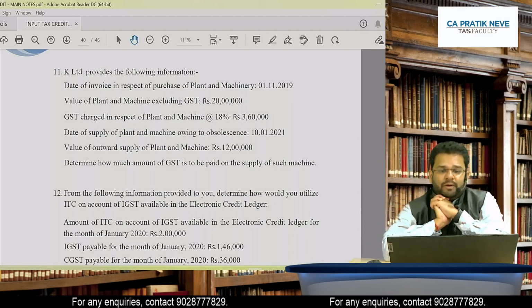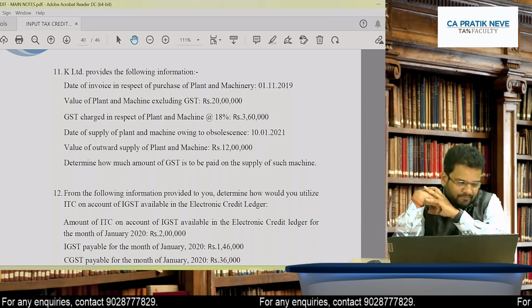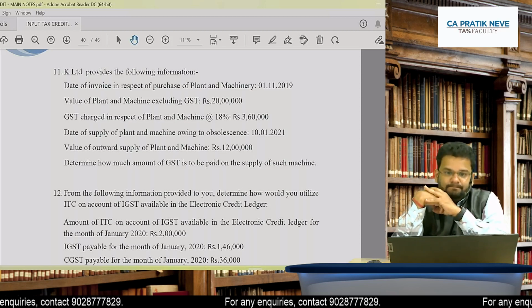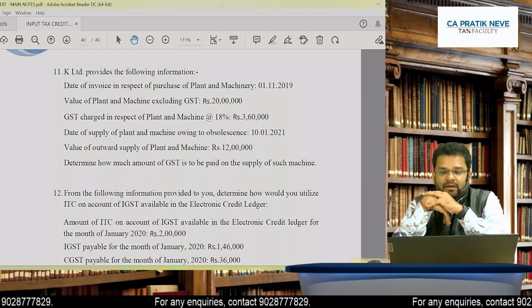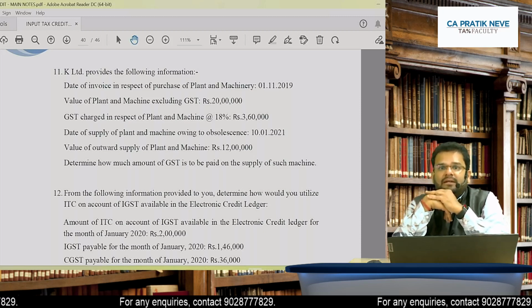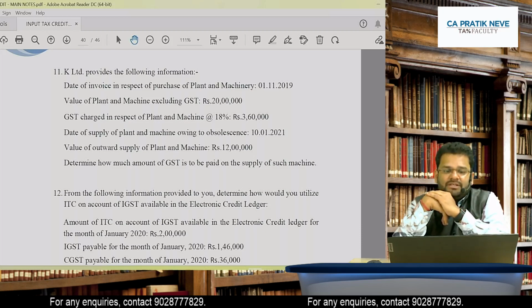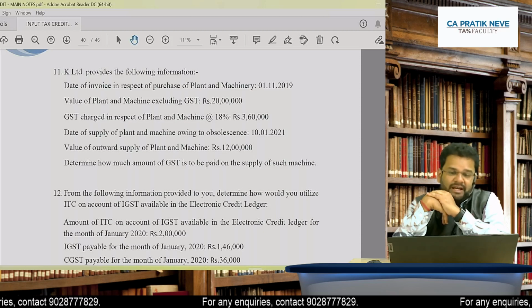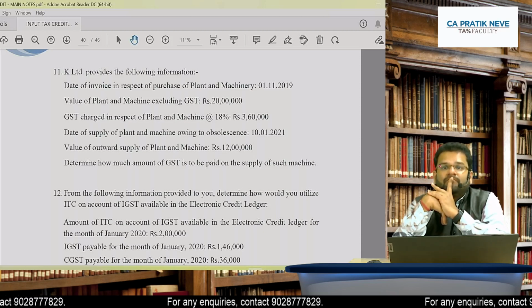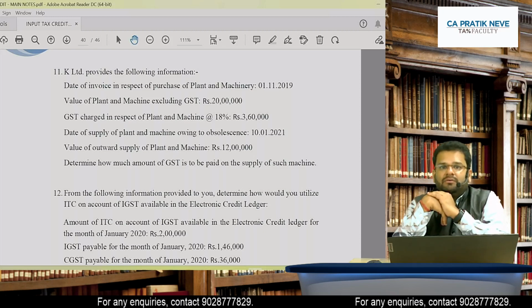K Limited provides the following information. So automatically this whole provision will be revised, okay? Date of invoice in respect of purchase of plant and machine is 1/11/2019. Value of plant and machine excluding GST is 20 lakh. GST is 3,60,000. So friends, how much ITC have you already claimed? You already claimed ITC of 3,60,000.